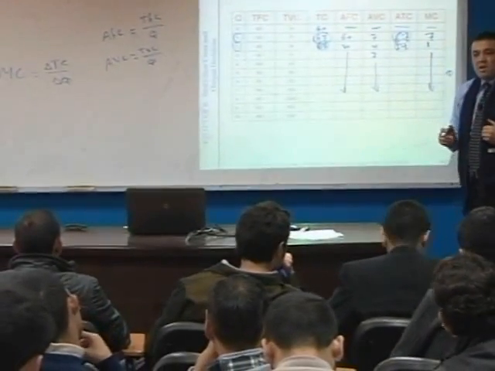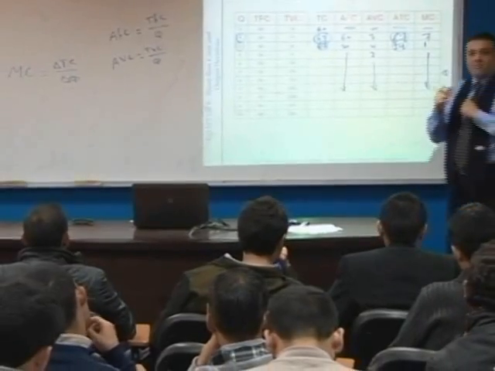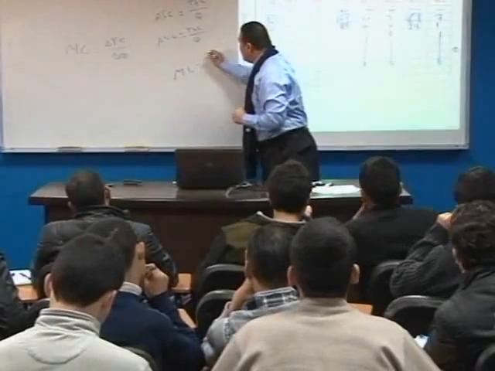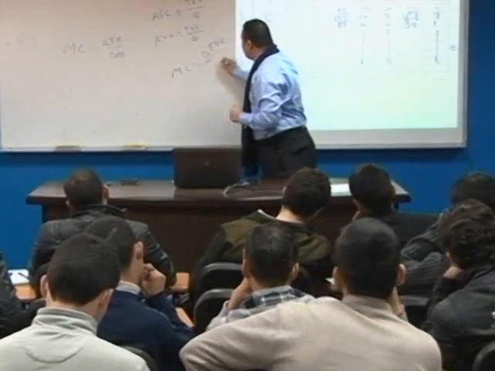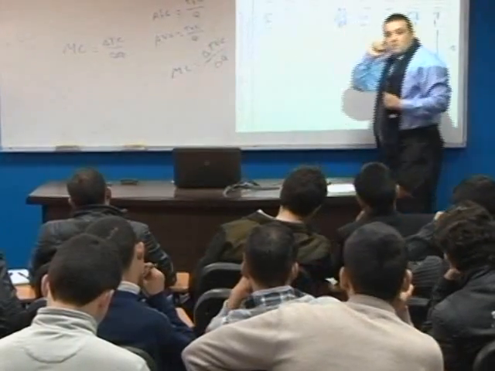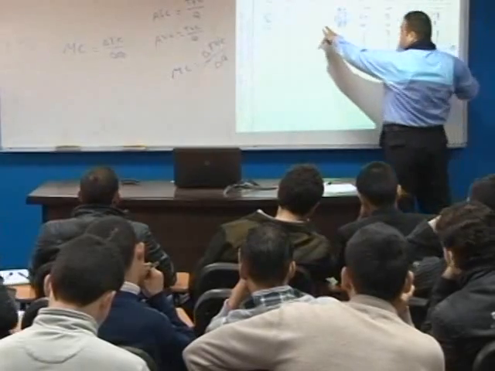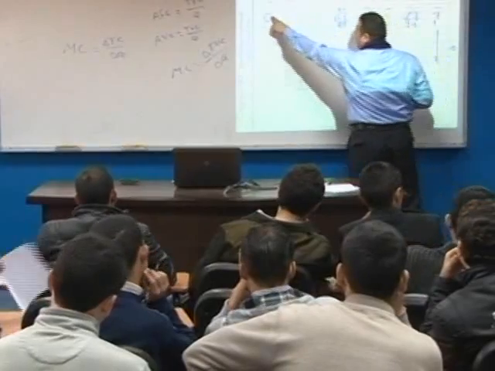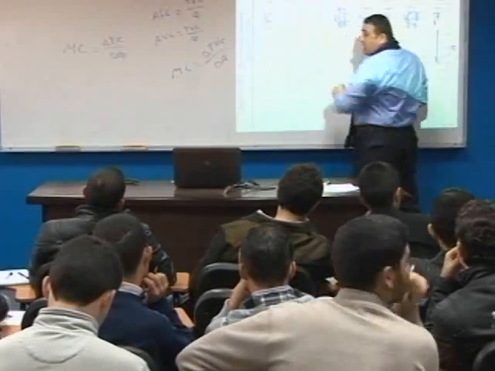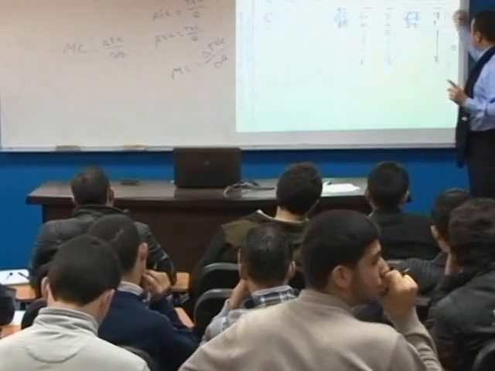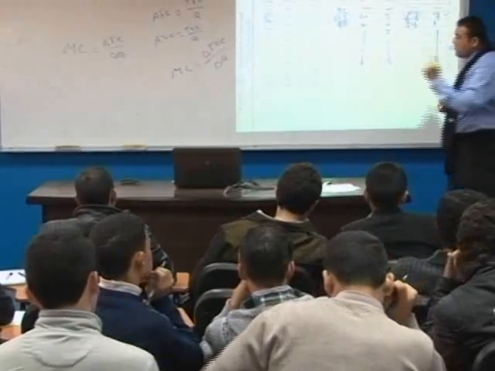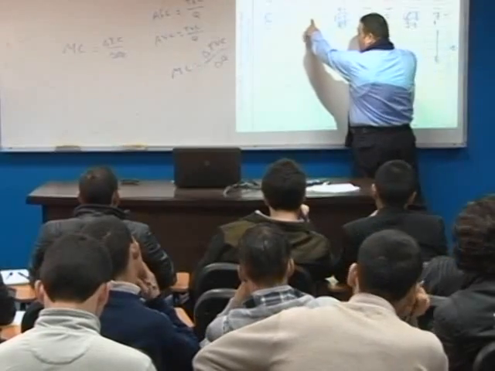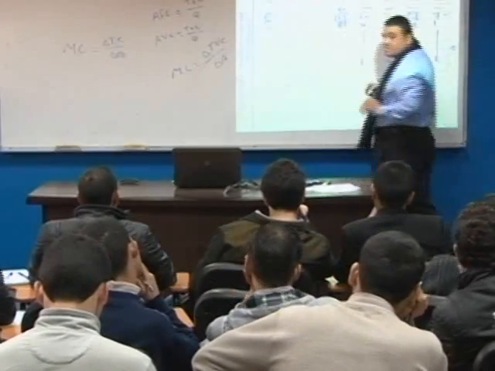Let's use the formula of delta TVC: MC equals delta TVC over delta Q. For the first case, 7 minus 0 over 1 minus 0, 7 over 1 equals 7. The same result. In the second case, 8 minus 7 equals 1 over 2 minus 1.